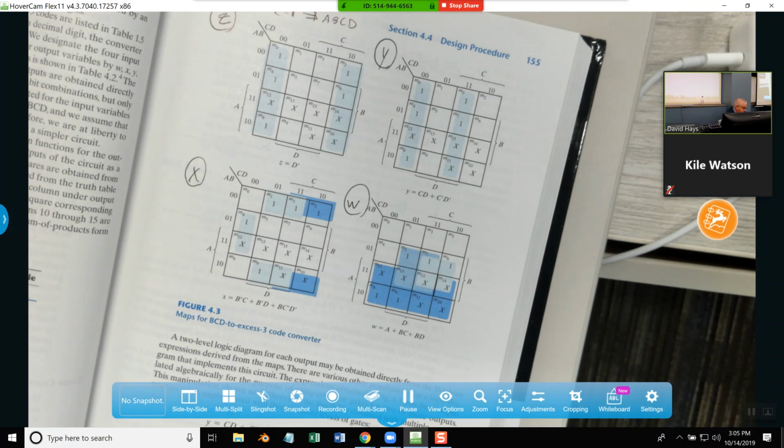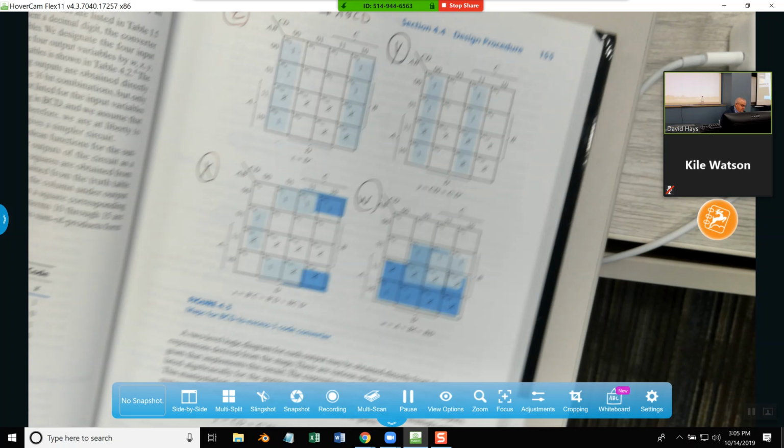Come over here. And our first one is Z is equal to D prime. Here's D, goes to an inverter, and comes over here to Z. Our next one is C and D, or C or D prime.